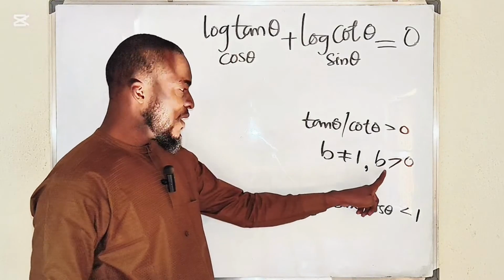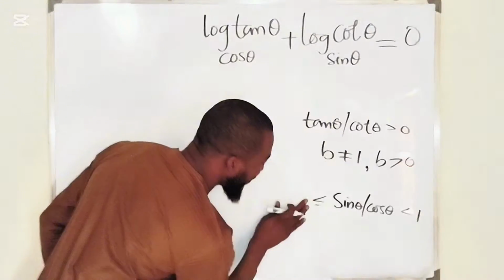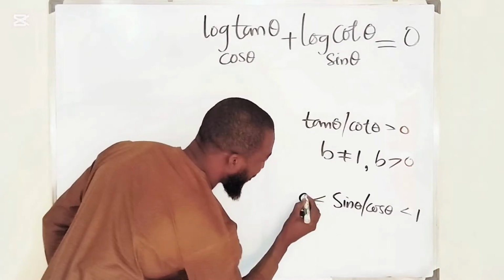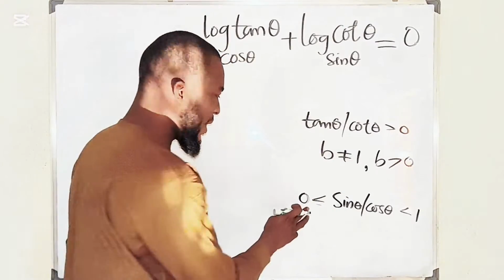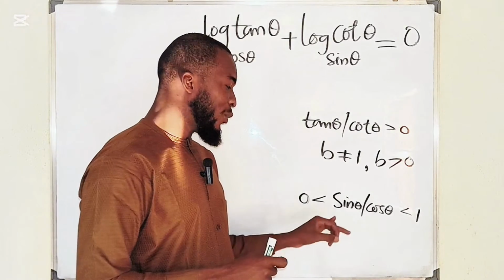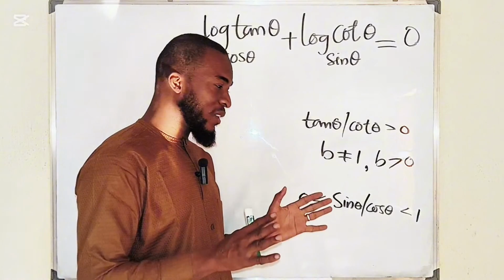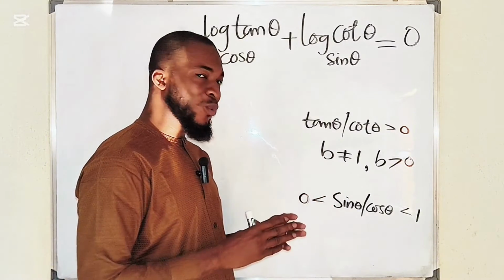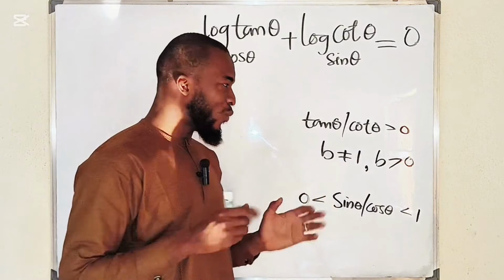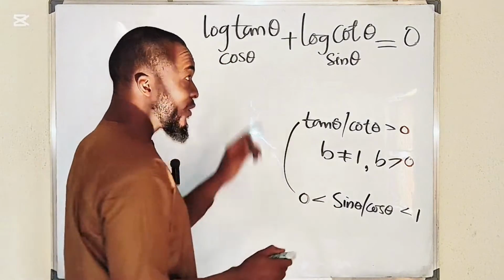Then we know that it must be greater than 0, so we have to remove this as well. So this is what we are looking for. Any value of theta that you plug in here and realize a negative solution, we don't want it. And if it is 0, we don't want it. If it is equal to 1, we don't want it. So these are the two conditions we need in order to solve this problem.